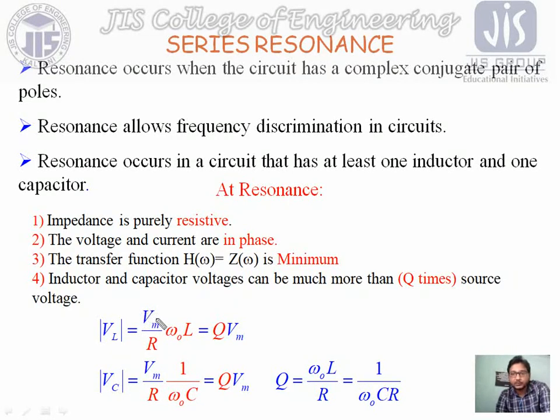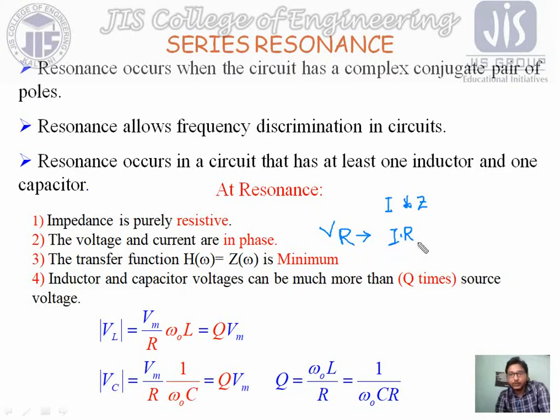The voltage across any element is nothing but the current flowing through the element multiplied by the impedance of that element, I into Z. So if we consider only the resistance, the voltage across it, VR, is I into R.